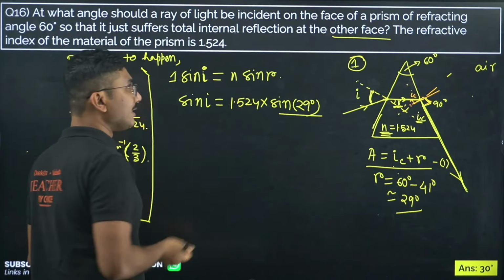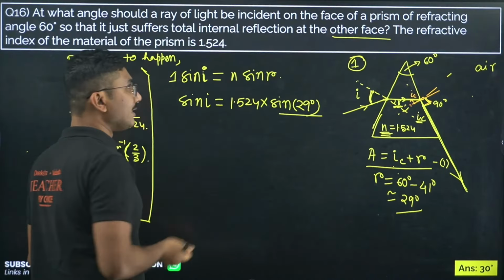Tell me the value. 41, 40.5, fine, no problem. Now I will do some cheating because I can do that. You should not do that cheating. Sine inverse. Okay, it will be approximately 41, correct.